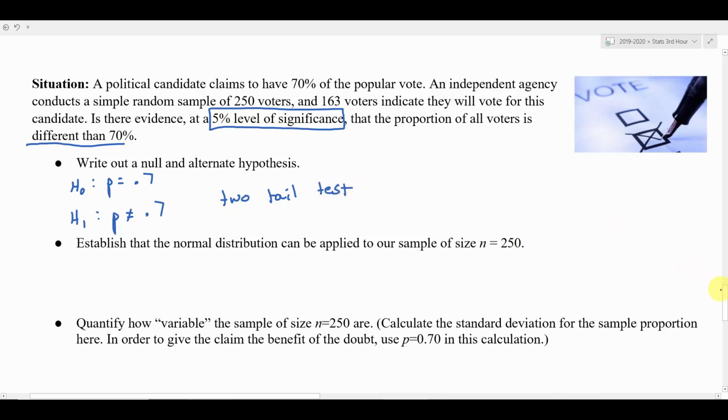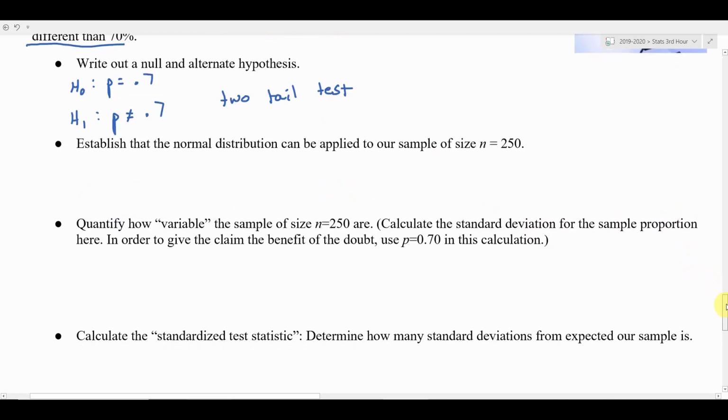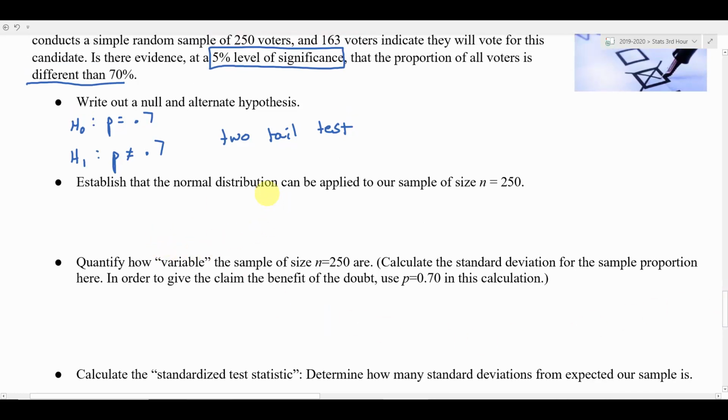Now, we know at some point we need to use the normal distribution, so I want to make sure that we establish that we can use it. If you read the information about the data they collected, the sample size was 250, which is a nice big sample size. And we had 163 successes, which means we are going to have 87 failures.